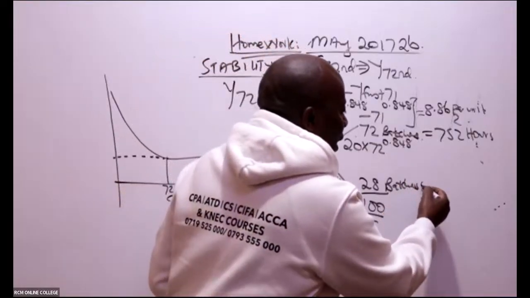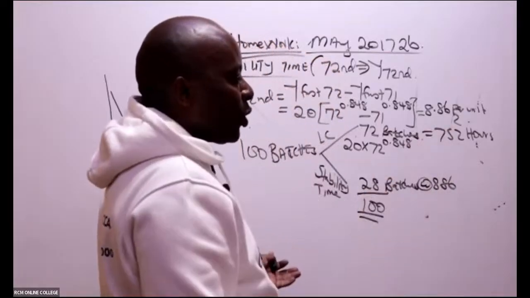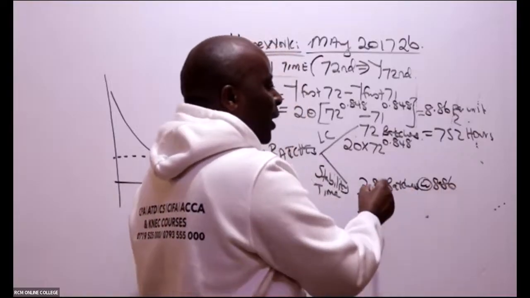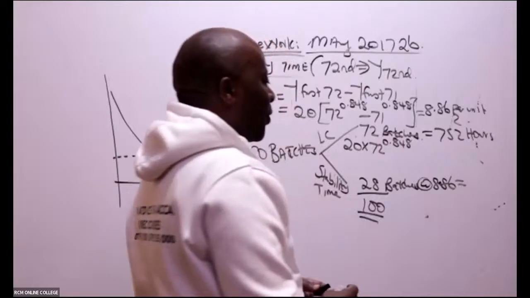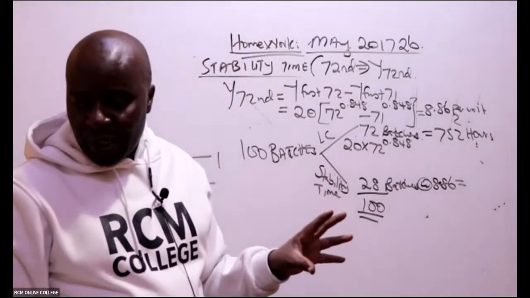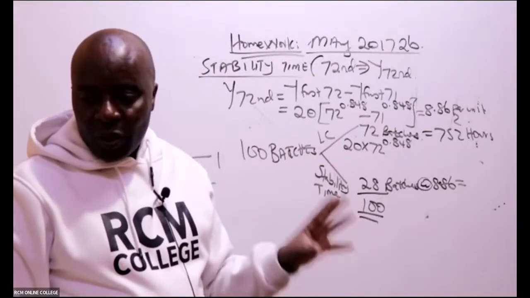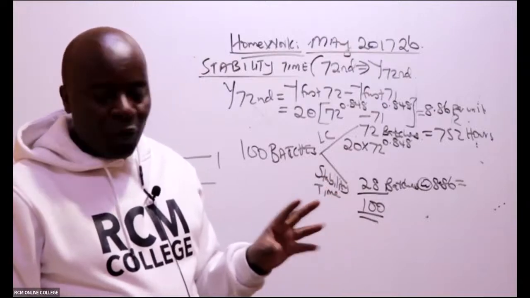So in this case, use the 8.86, which was per unit, per batch. So we have 28 times 8.86. Thank you, Nancy. So 28 times 8.86 will end up giving us what answer? 248.